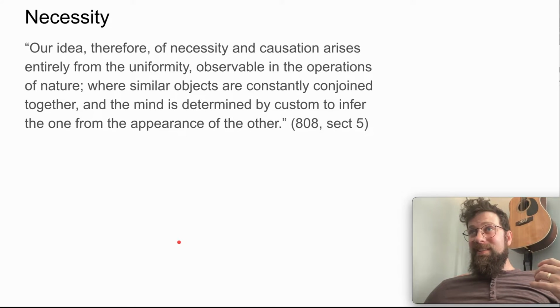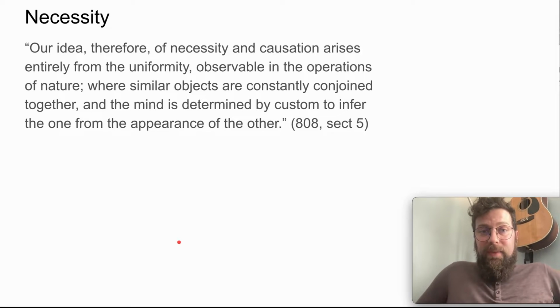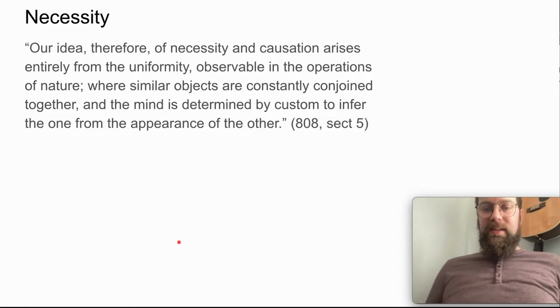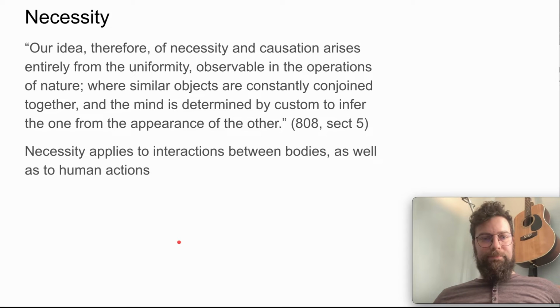We say that, for instance, lit matches dropped into puddles of gasoline cause fire. Well, what we're saying there is that these things always go together, right? The trick for Hume and his theory of causation and necessity is that he doesn't think that you need to find a deep further fact. There isn't some magical power of gasoline that makes it light. He's going to say, in order to believe in cause and effect, you just have to observe a regularity of one event to the next.